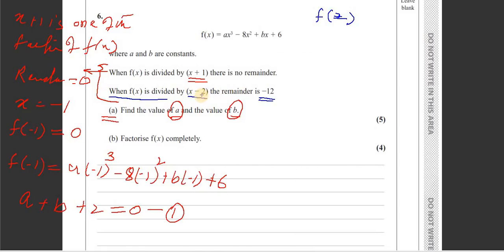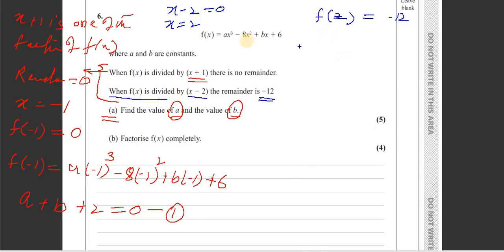Because x minus 2, you can think that x minus 2 equal to 0, and you find x, so x is equal to 2. Same thing I did for x plus 1, that's why I put x equal to minus 1 there. So x minus 2 means if you put 2 in place of x in the function, then f of 2 must be minus 12 because remainder is minus 12.